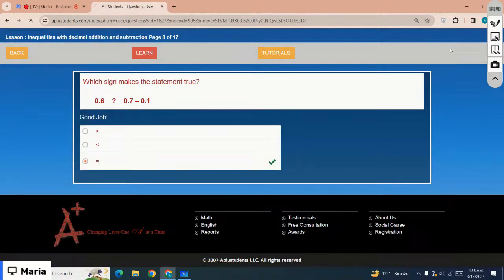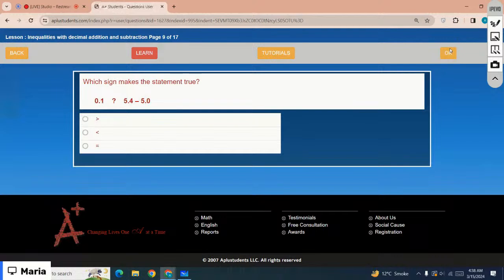The next one is 0.1, you have to compare it to 5.4 take away 5.0. So, which is the correct option? Less than. 0.1 is less than 0.4, right?